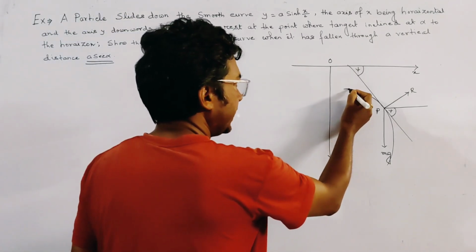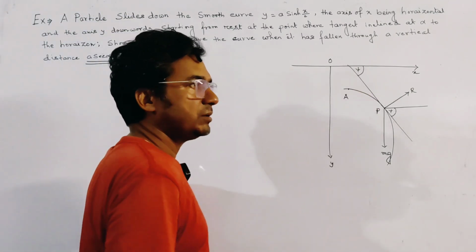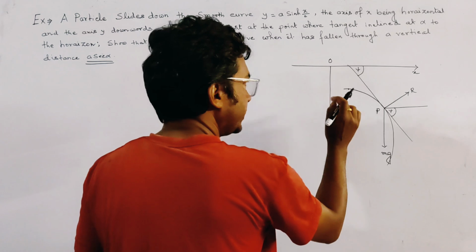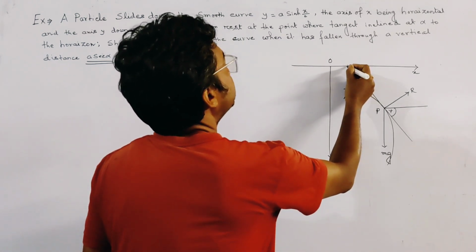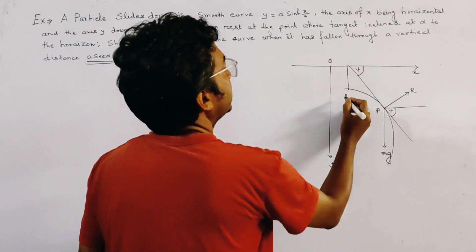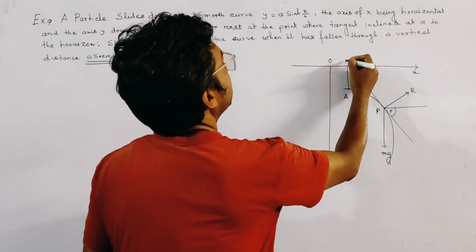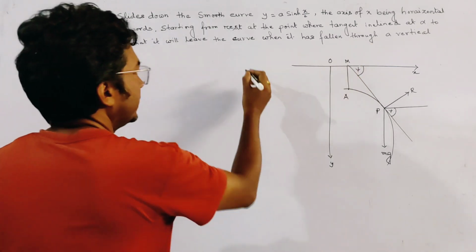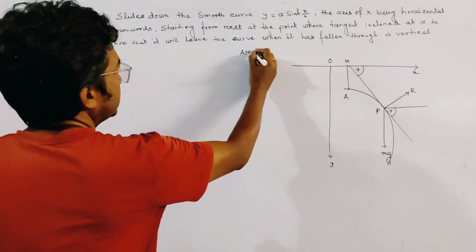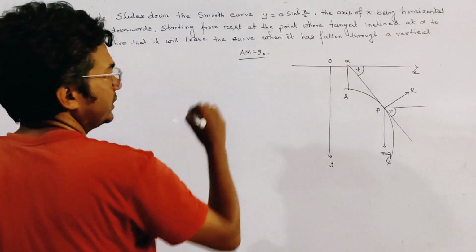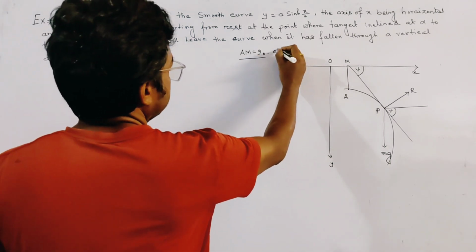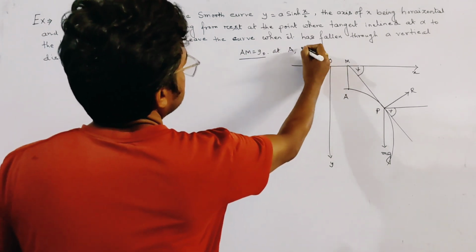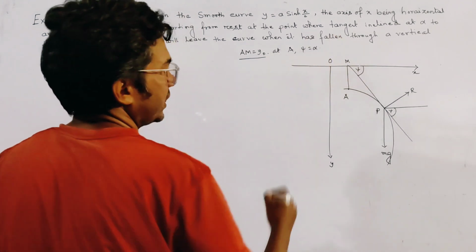Now, if A is the initial position, let this y, that is AM, be y0, and at A, psi is equal to alpha.